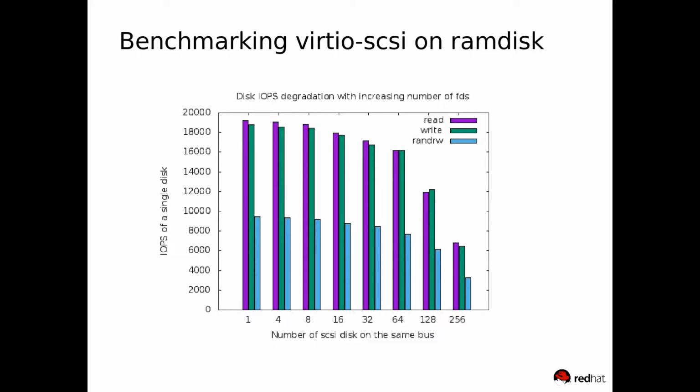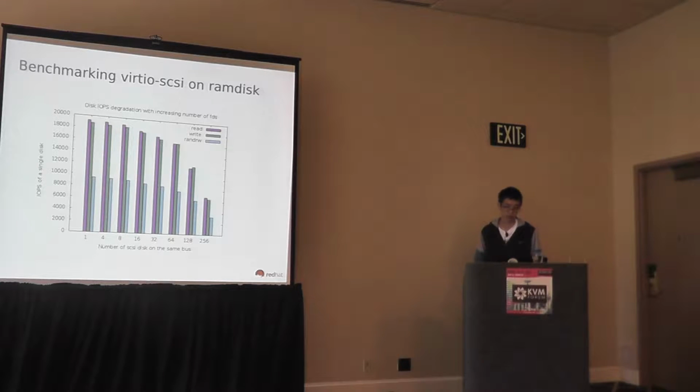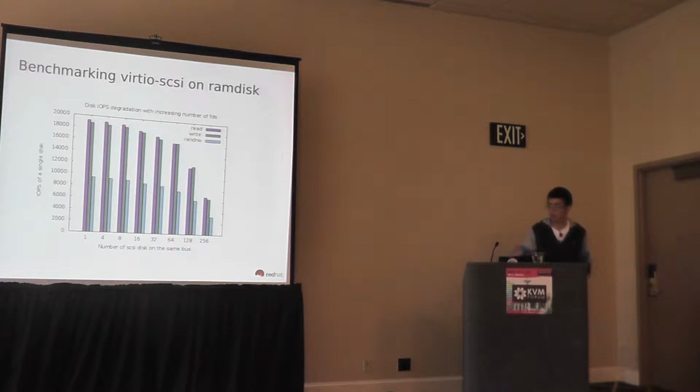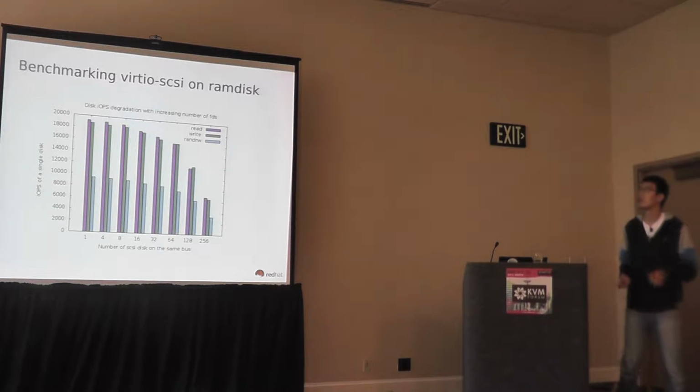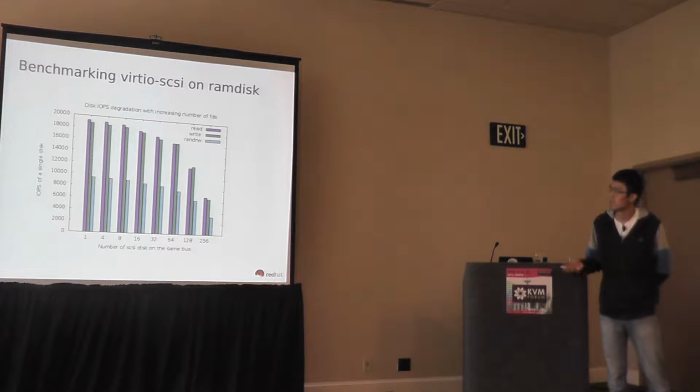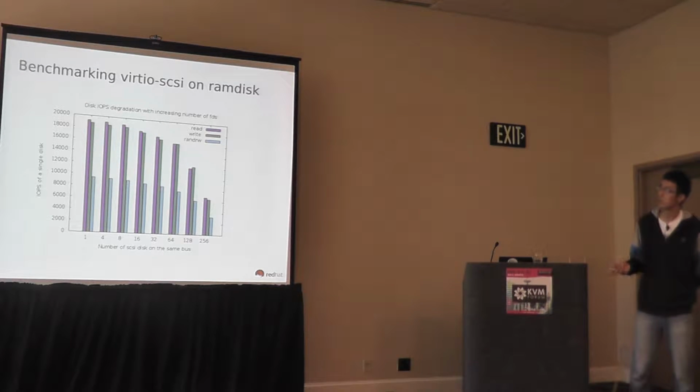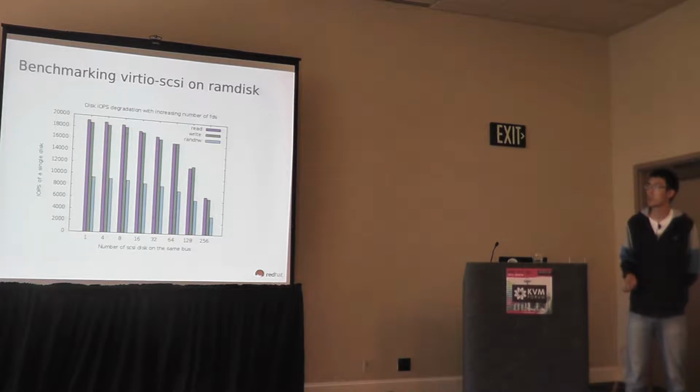So, as we can guess, if we add more disks to a virtual machine, we can see worse performance. From the left, the purple bar is read, the green bar is write, and the blue one is random read-write. If we have only a few descriptors, it's okay.